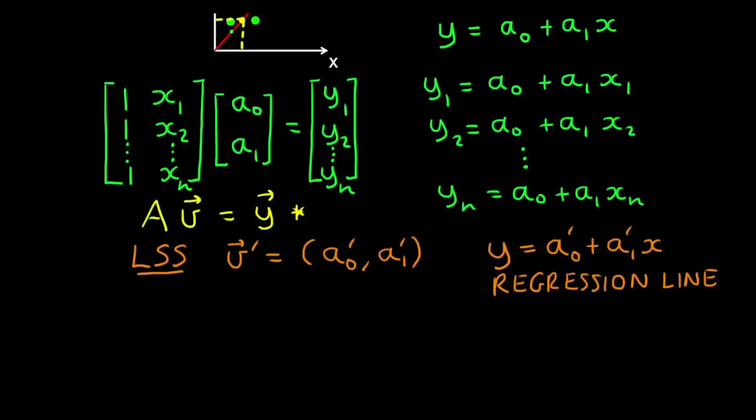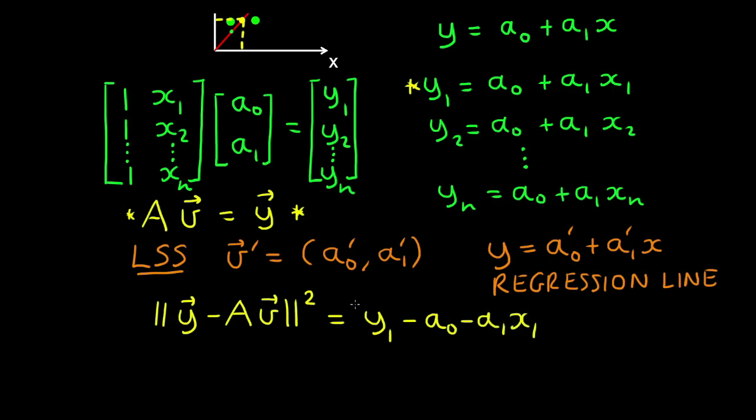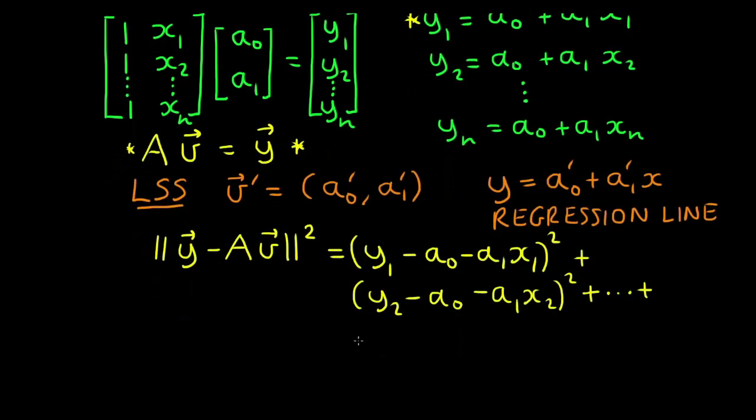So remember, the error in the least squares approximation was the norm of y minus A by v, and therefore the least squares error using these relationships is equal to y1 minus a0 minus a1 x1 squared plus y2 minus a0 minus a1 x2 squared, and so on up to yn minus a0 minus a1 xn squared.